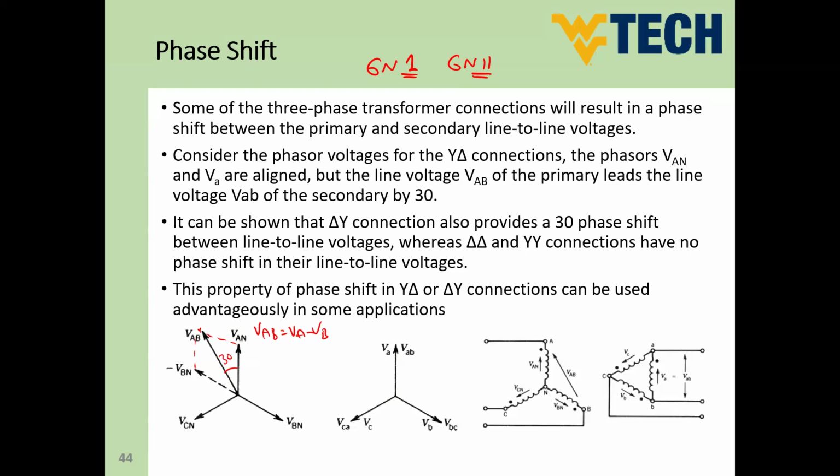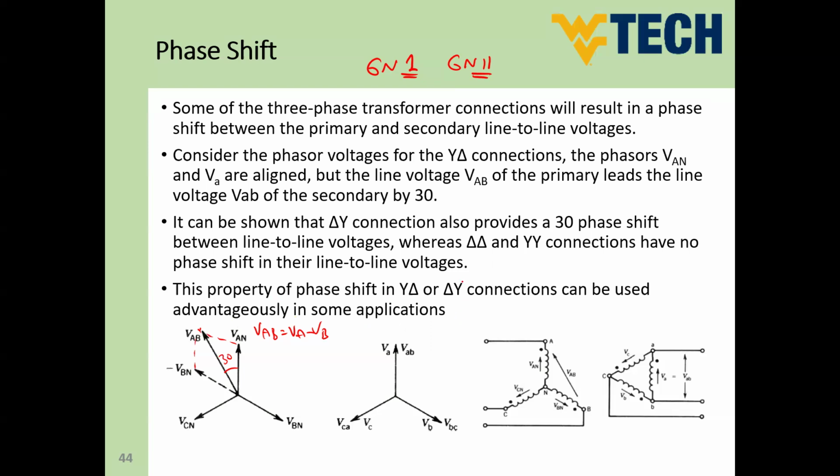So again, we can have the 30-degree phase shift between primary and secondary if the connections of the primary and secondary of the transformers are different. Okay. This property of phase shift in Y delta or delta Y connection can be used advantageously in some applications.